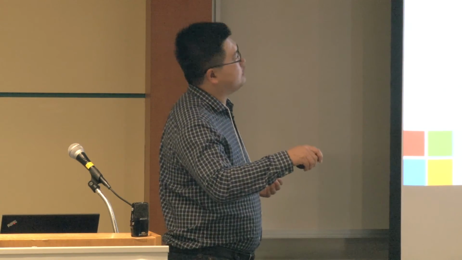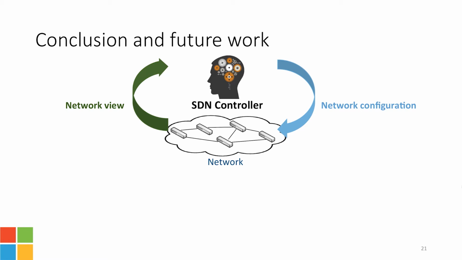Here is the conclusion. We go back to this figure, but we change this to an SDN controller. I believe a lot of SDN systems will have an architecture like this, and they will suffer from the same problem that the TE controller suffers from.